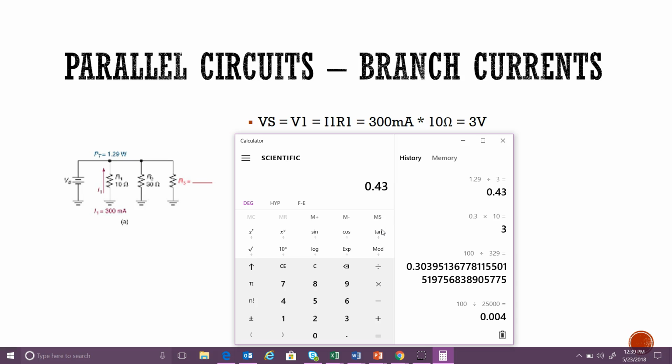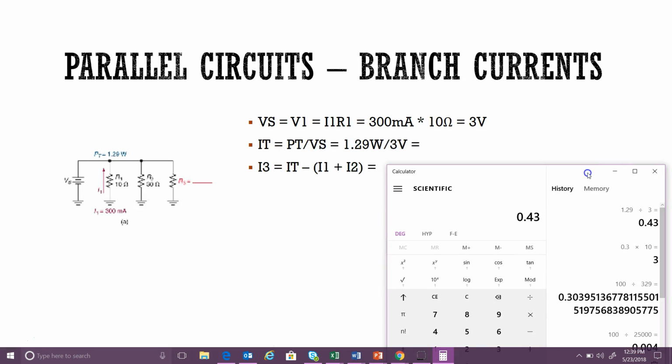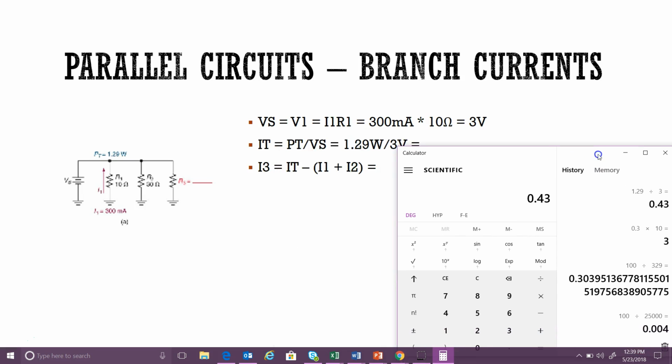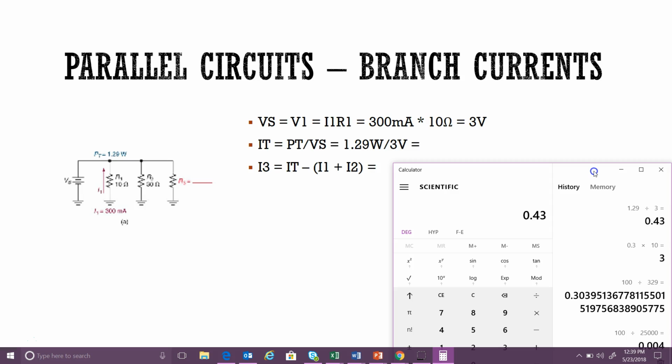And this example is kind of like solving a puzzle. So the value we need to find is I3, and from I3 we can find R3. Alright, so here Vs is actually going to be equal to the same voltage here and here and here.